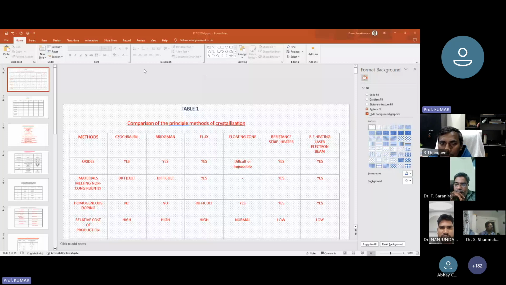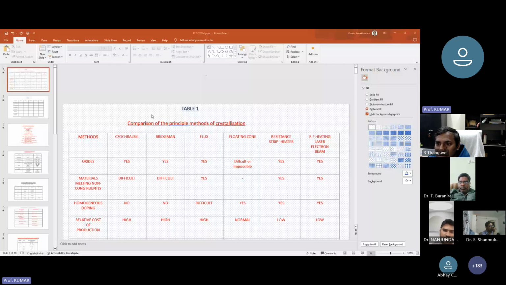Say, for example, I have listed some of the materials which are widely used for various technological applications. Oxides, as I've been telling you, is used as lasers, is used in transducers, is used in scintillator materials like bismuth germanium oxide, and there are several other oxides which are used for various device applications. They are grown either by the crystals from pulling or by the container assisted growth, which is known as Bridgman.